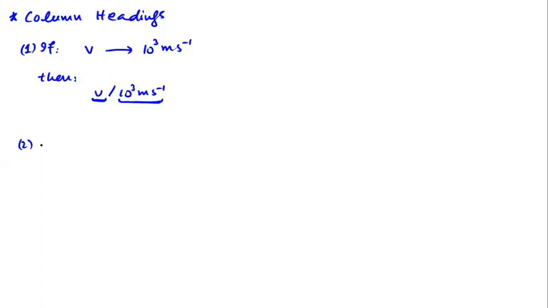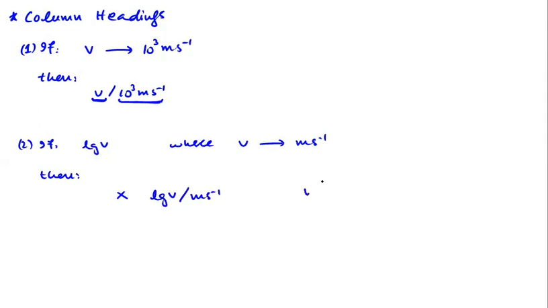Now according to the second rule, if there is a logarithmic function, let's say log of v this time, where v is to be expressed in the units meter per second, then column heading for log of v should not be log of v forward slash mark meter per second, rather it should be log bracket open v forward slash mark meter per second bracket closed.